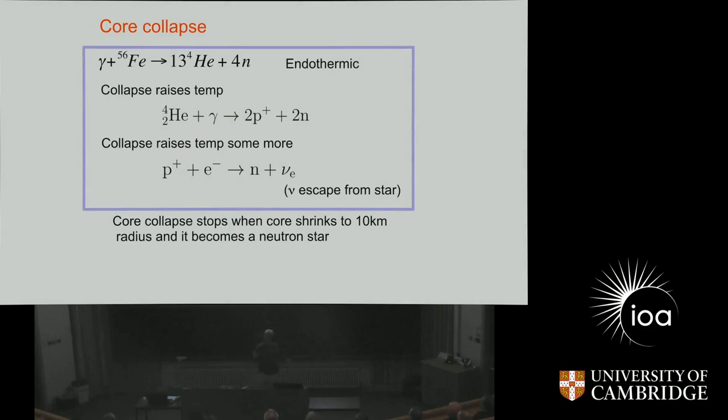Essentially, the temperature rises, gravitational potential energy takes over, and presses the temperature so high that the gamma rays become so energetic they completely dissociate the iron atom, and we end up with a bunch of neutrons.